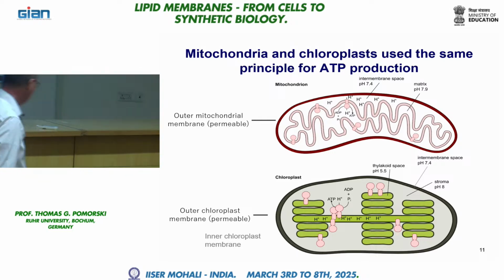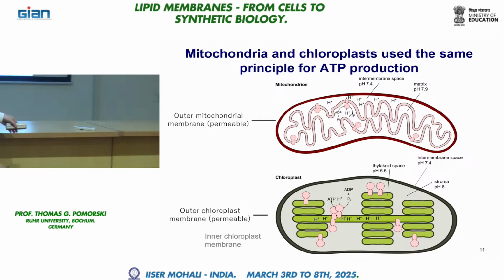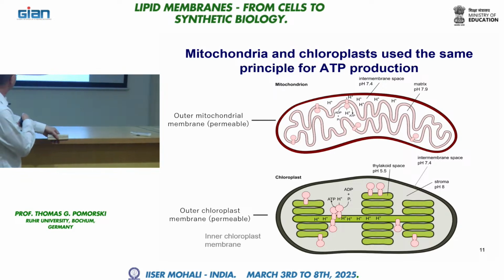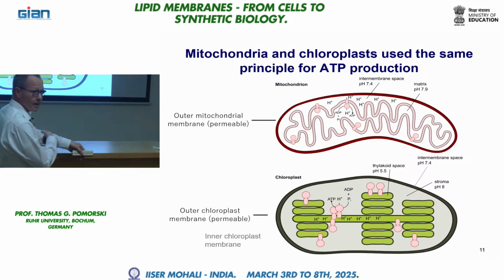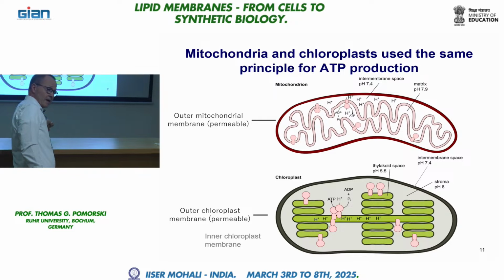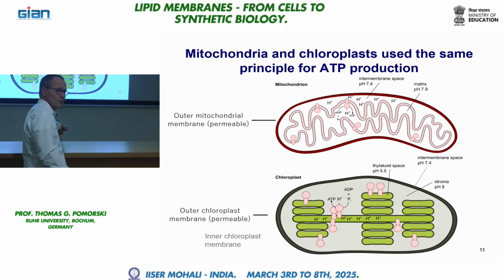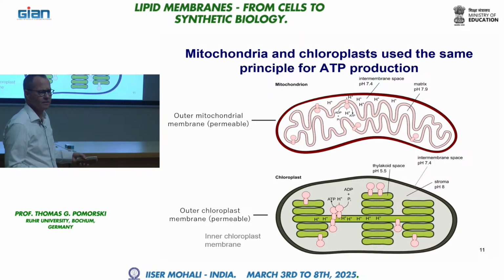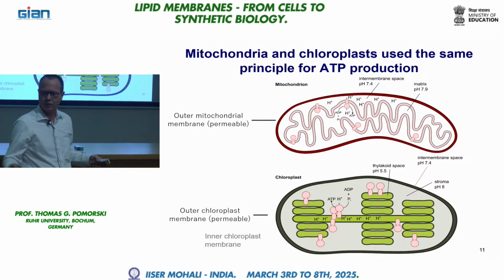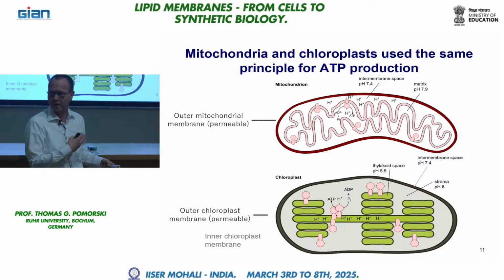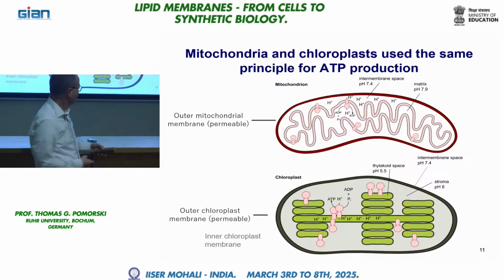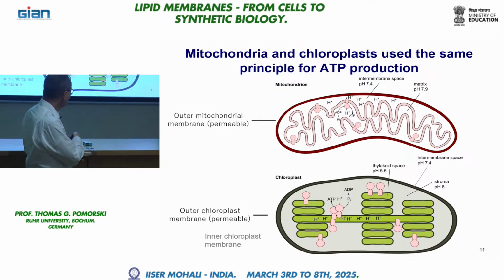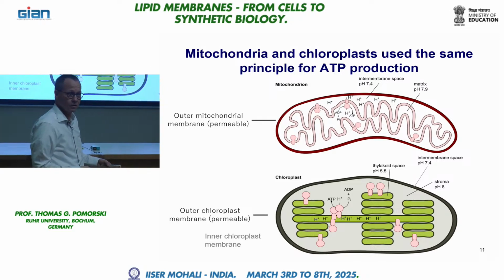But in fact, we want the protons to be used by this F-type ATPase to leak back and drive ATP synthesis. So from the construction, this system is not nice. Somehow, as a type of engineer, there's a failure in this. In the case of the chloroplast, the situation is different.